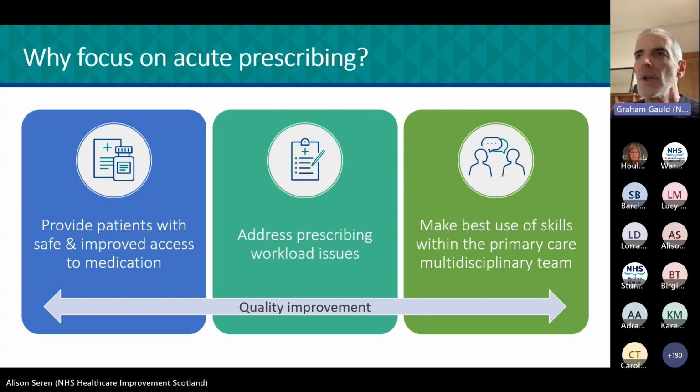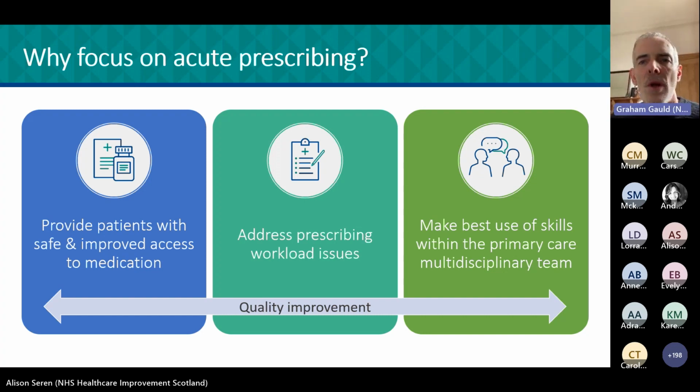So why focus on acute prescribing? As you can see, we've got 3 main aspects to this. We need to provide patients with good access to their usual prescriptions, and we do that through repeat prescribing. But on occasions, they will need an acute prescription. So they're going to get that in a consultation, but also by putting in special requests. And there needs to be a safe way of them ordering this and the GP reviewing and considering what will be provided.